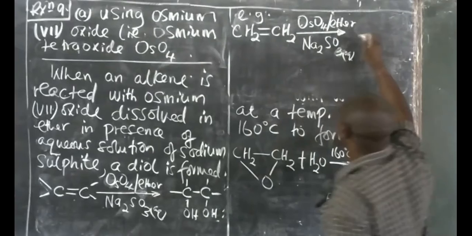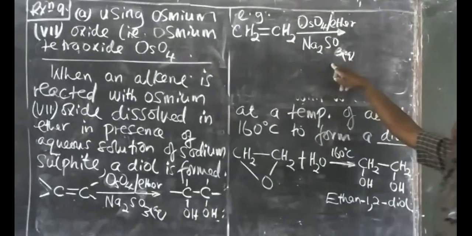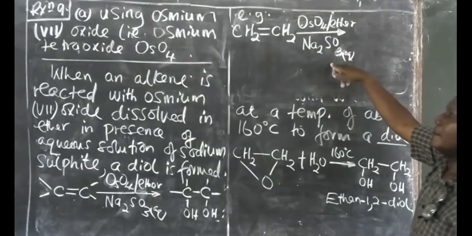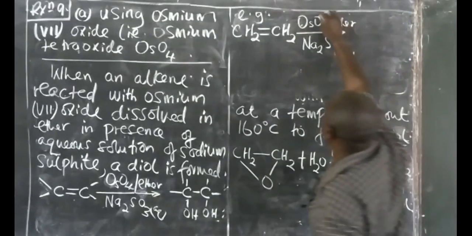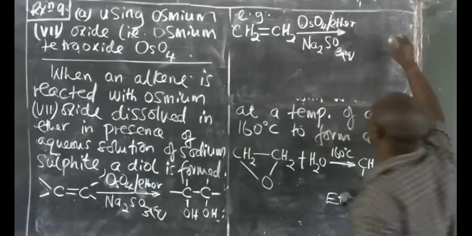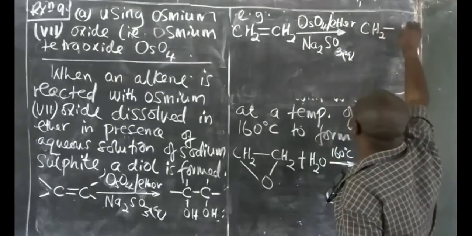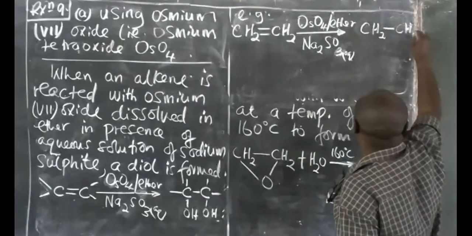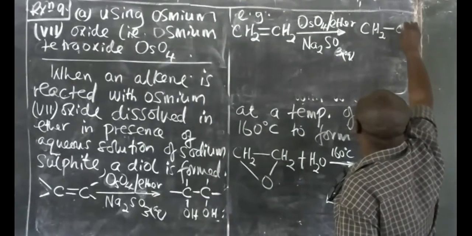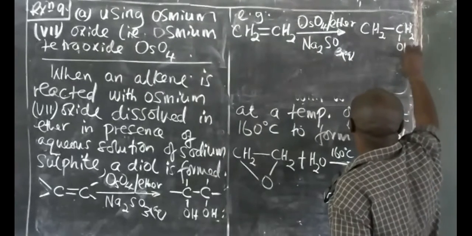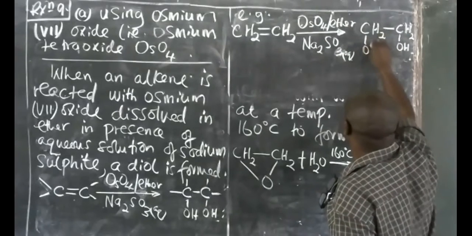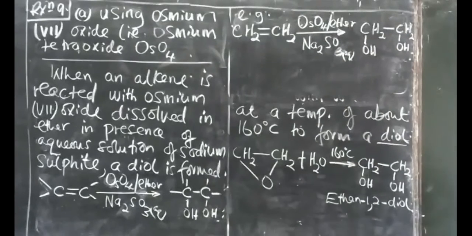The conditions are very necessary. It's going to give us CH2OH CH2OH. All of us know the name of that one now: ethane 1,2 diol.